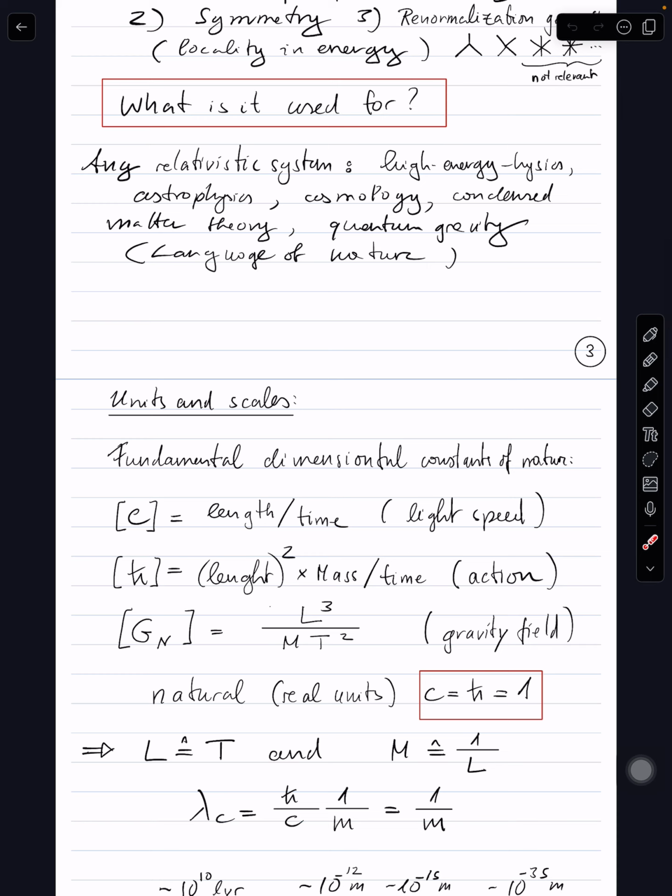Now, finally, what is quantum field theory used for? Basically, any relativistic system, as relativity and quantum mechanics have to be combined, needs to be described by quantum field theory. This is obviously anything that has to do with high energy physics, where the energies approach the mass scales of the particles involved. This happens often in astrophysical phenomena, where stars and explosions in space reach very high energies, or densities become very, very large in certain astrophysical objects.